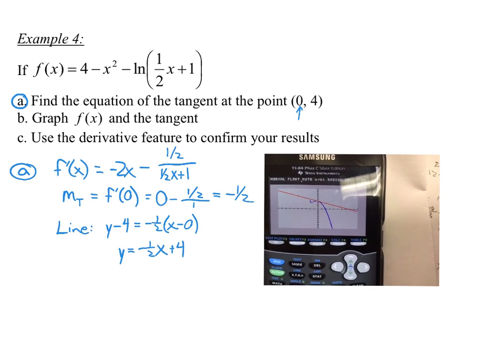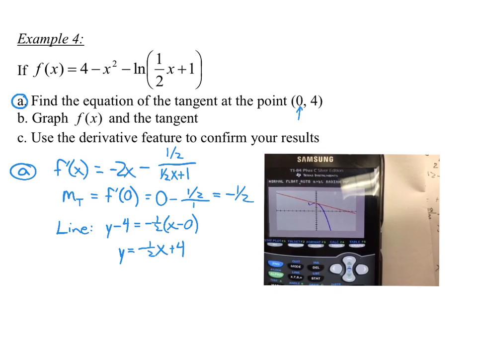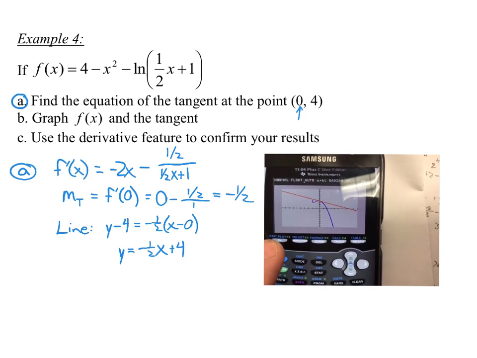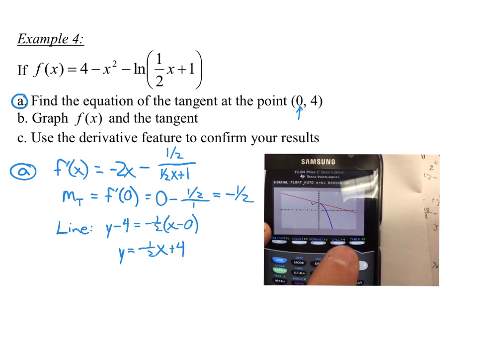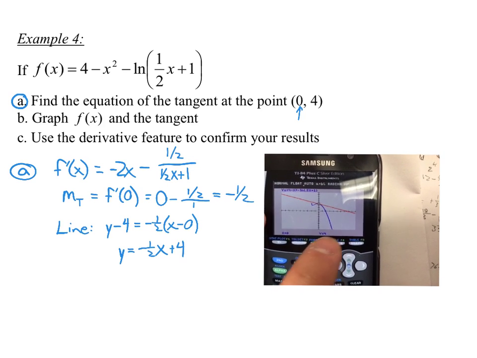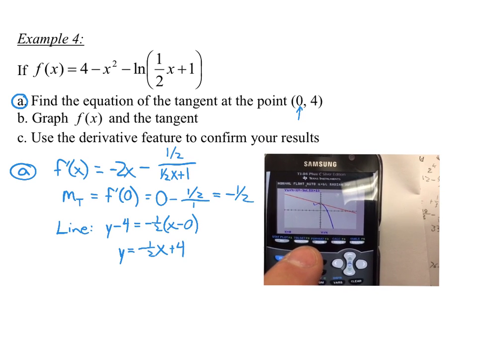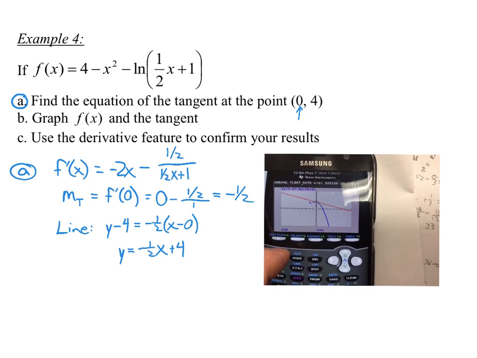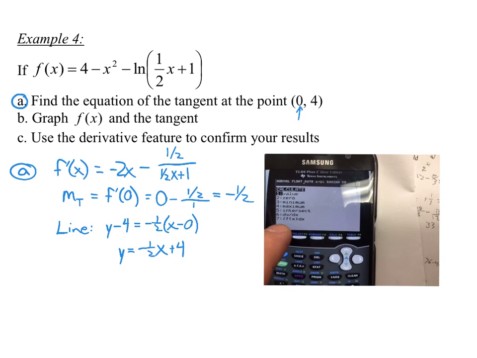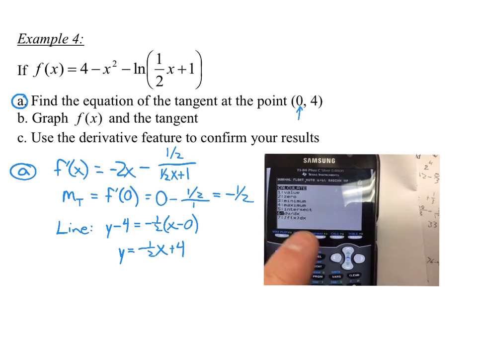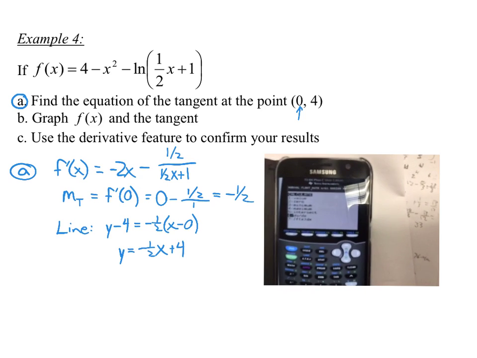Now it says use the derivative feature to confirm your results. Okay, well let's see what they're talking about here. If I hit trace, I'm on my original function, okay, and I'm going to hit second calculate, and notice at the end here number 6 is the derivative.